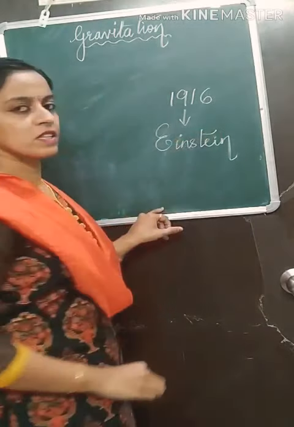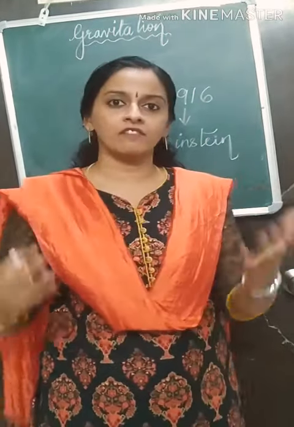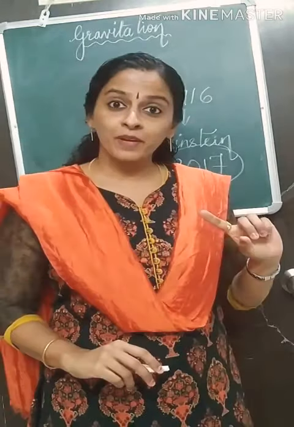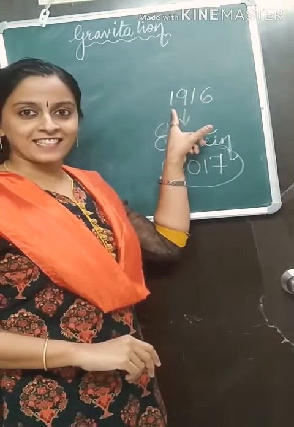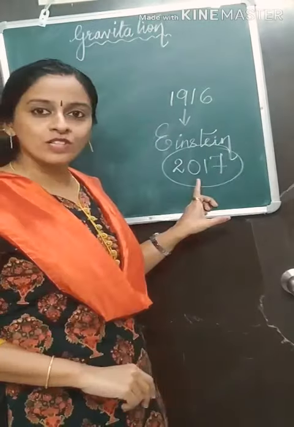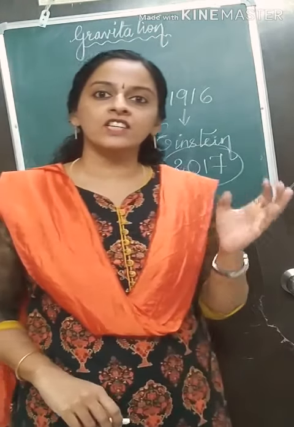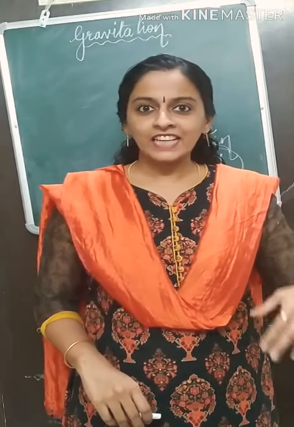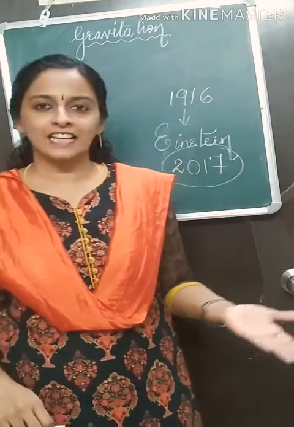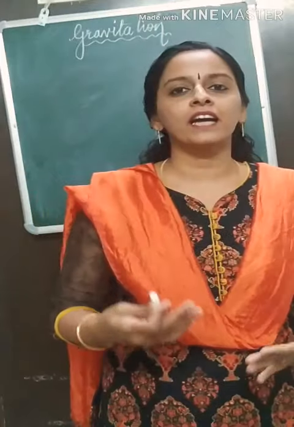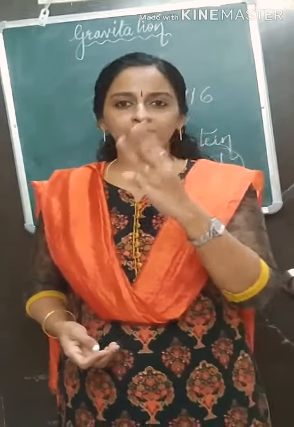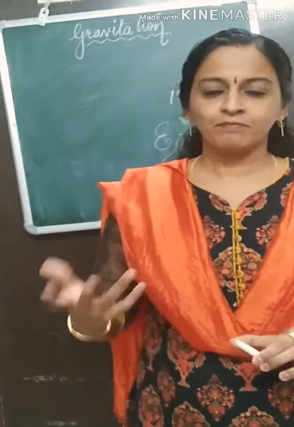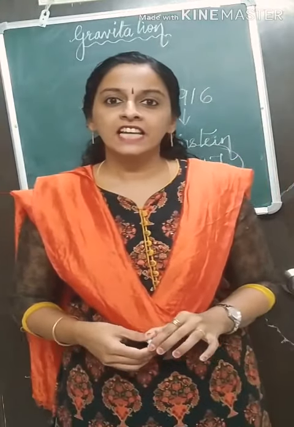He was the first person who predicted gravitational waves. Einstein predicted it in the year 1916, but in the year 2017, gravitational waves were first detected on the earth through certain instruments created by humans, and three physicists had made this instrument called LIGO.